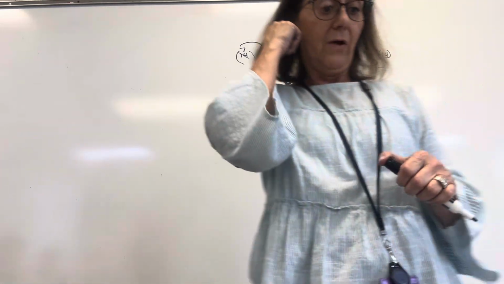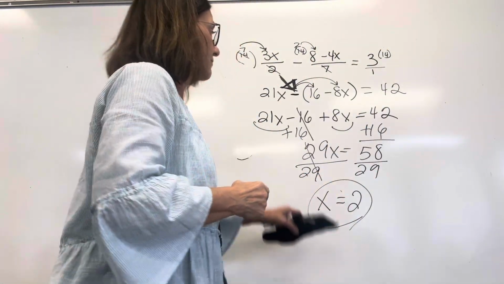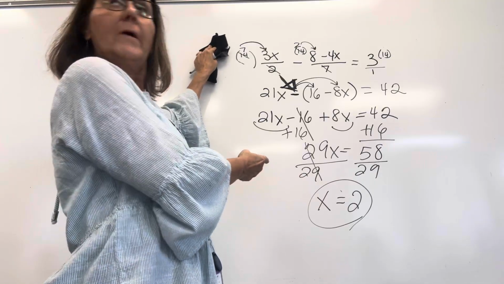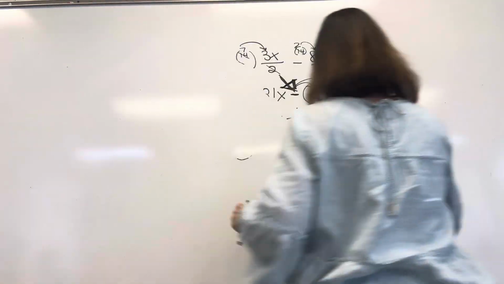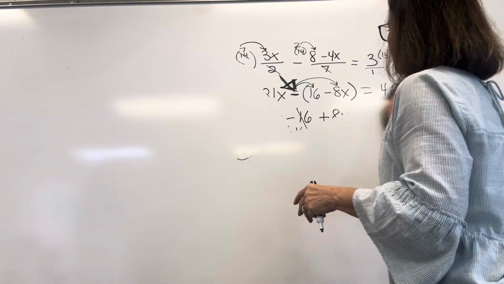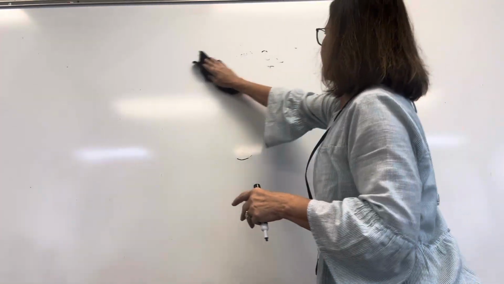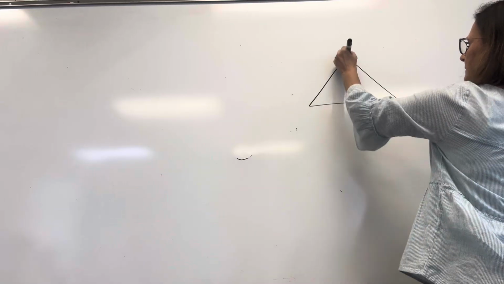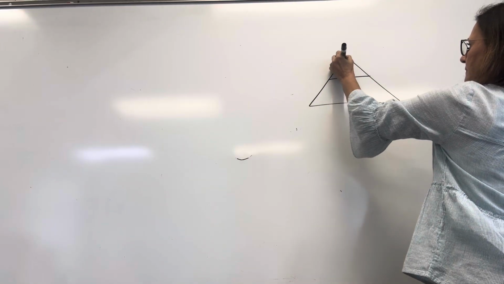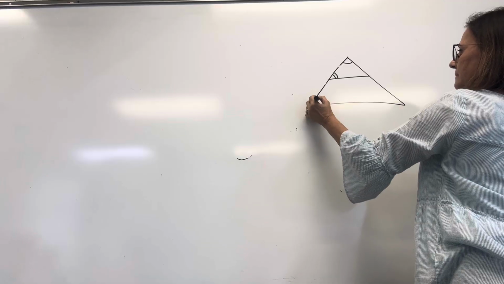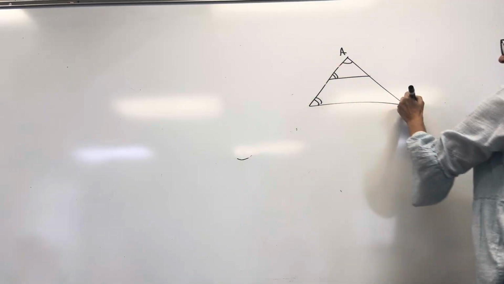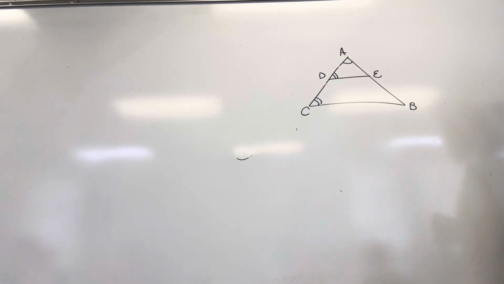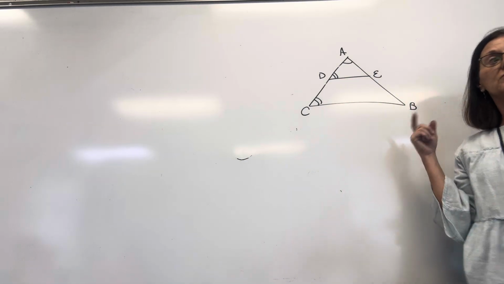All right, now, I want you to look at the overlapping triangles. Does everybody understand this? Yes. Got it? All right, I want you to look at the overlapping triangles. Overlapping triangles, when they look like this, I have 2 similar triangles.